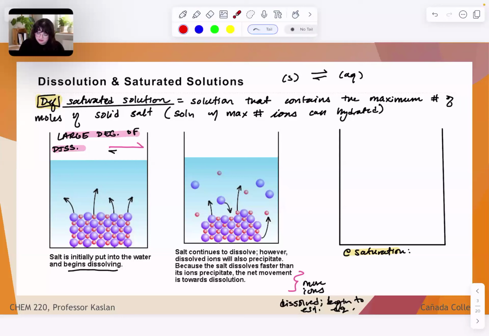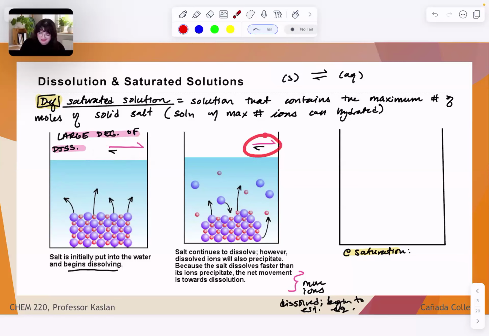We can see this with this little pictorial representation of a salt crystal. While we do have crystals becoming free ions in solution, some of those ions are reassociating with the larger crystal structure and reforming the solid, meaning we overall still favor the forward reaction. But the difference between here and here is not that large.